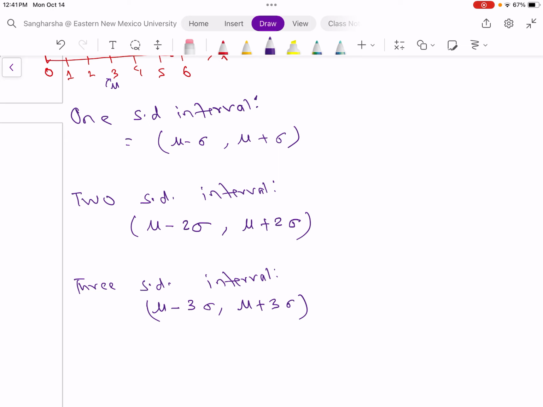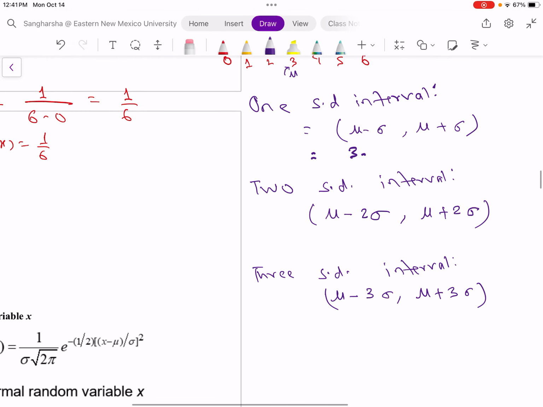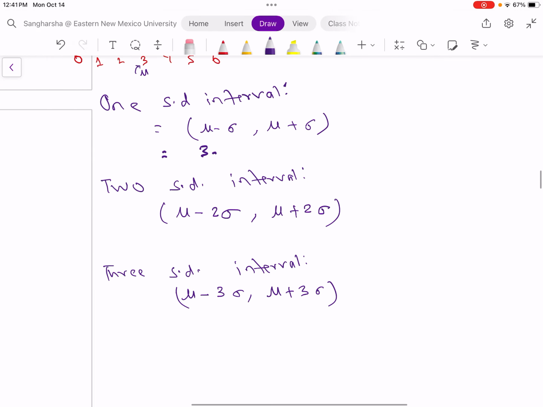Now let's find these intervals. How do we find them? We know mu, we know sigma, we substitute. So our mu is 3, minus sigma, which is 1.73, to 3 plus 1.73. And this equals, can you give me a fine?